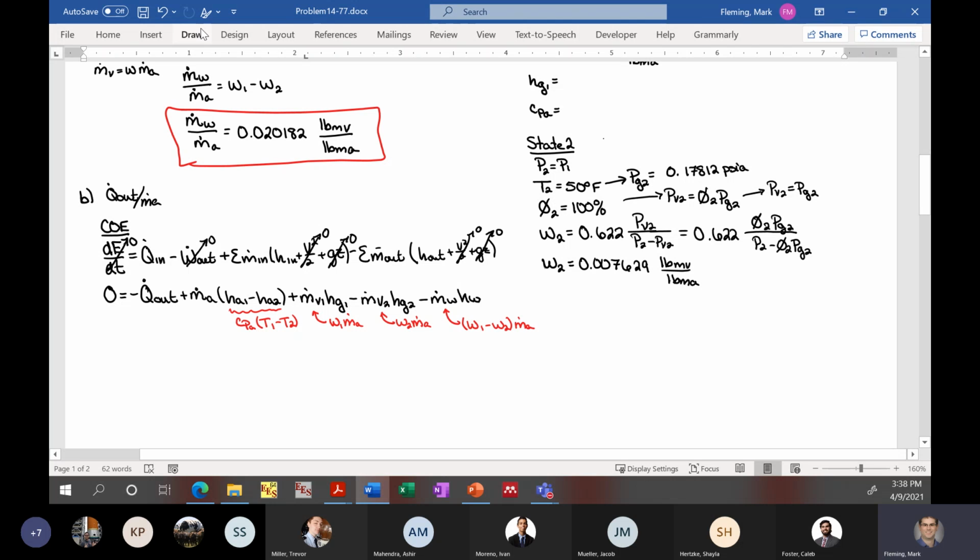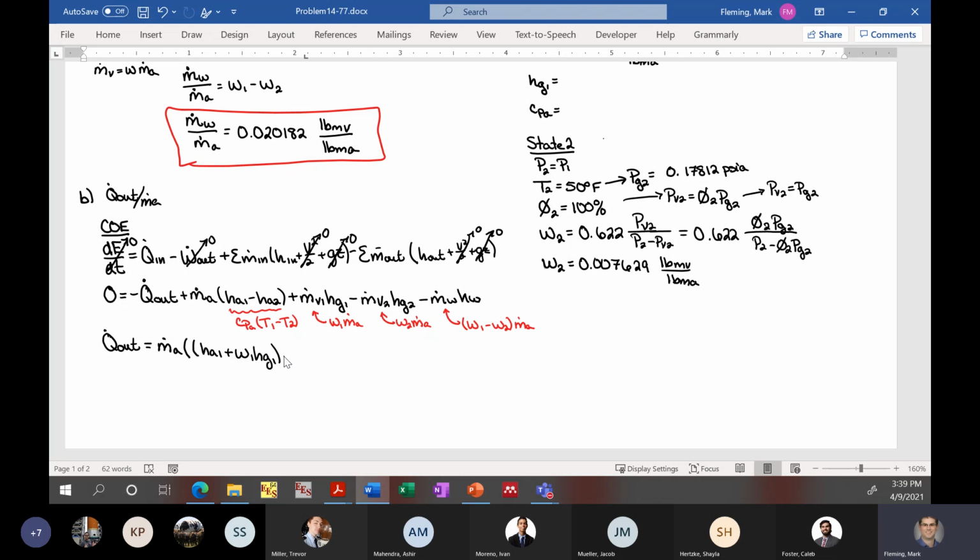What I'm going to do is keep the enthalpies of the air in terms of H air 1, H air 2, just to keep things consistent. And I'm going to try and bring things together here. So solving now for the heat transfer rate out, Q dot out. This is going to give us the mass flow rate of dry air, and I'll put a parenthesis, and then another parenthesis here. We'll have H of the air at state 1, plus now W1 times H sub G1, with the mass flow rate coming out.